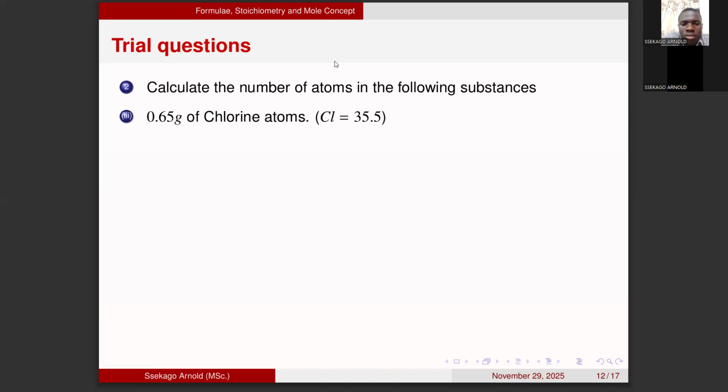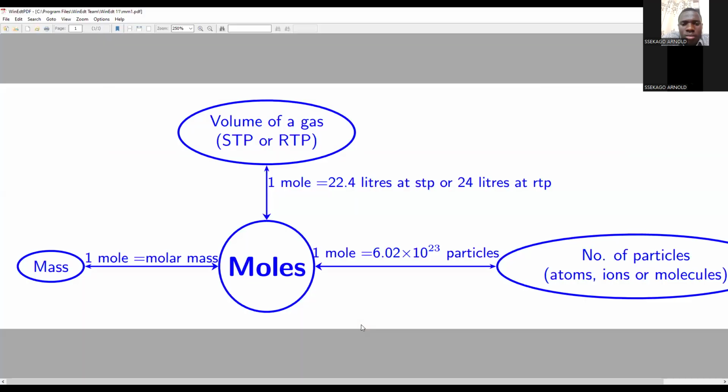Therefore, the mind map says that, from mass, you go to moles, and then from moles, you go to atoms. In summary, we have to move from mass to moles and then to atoms.